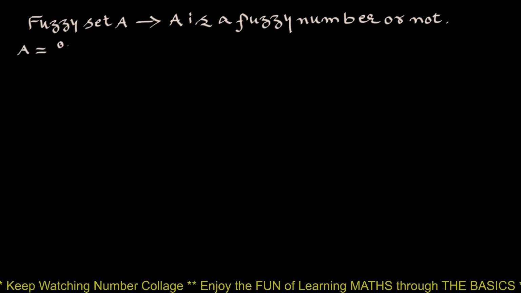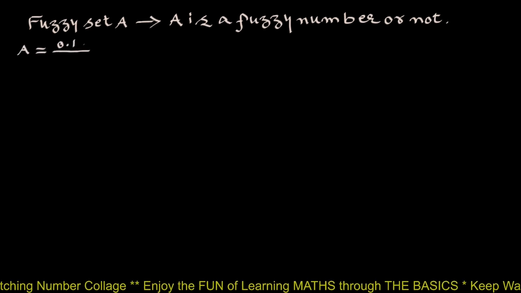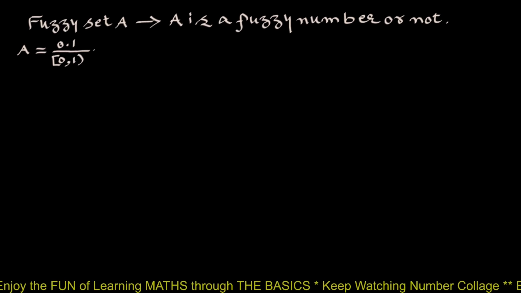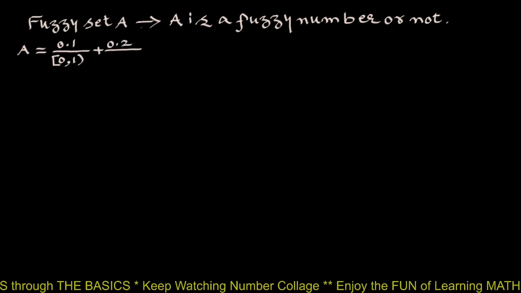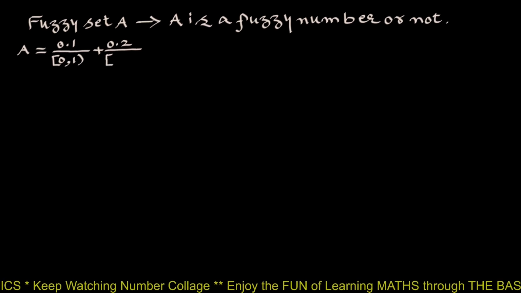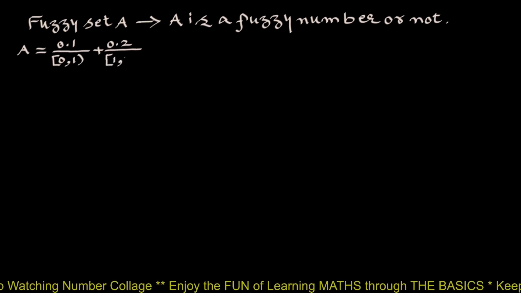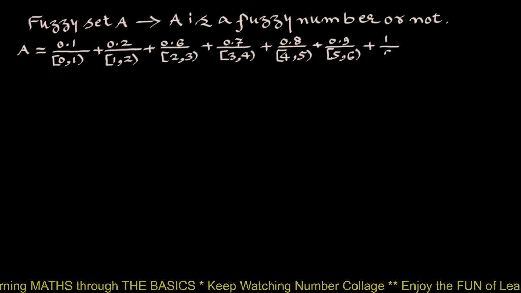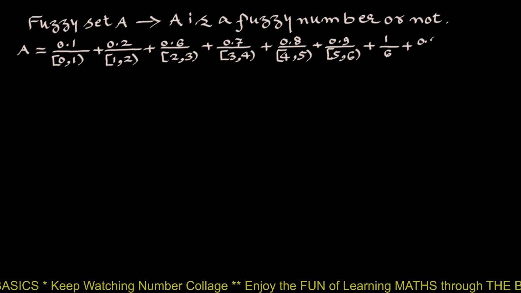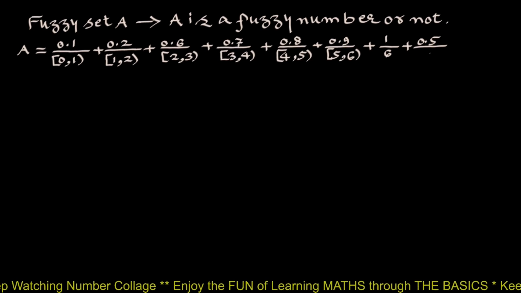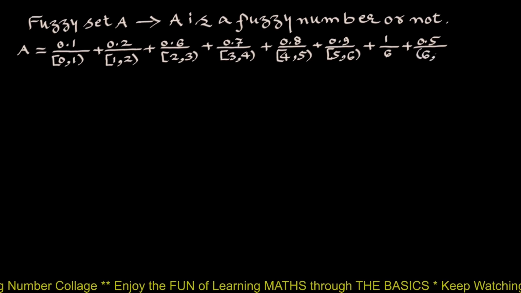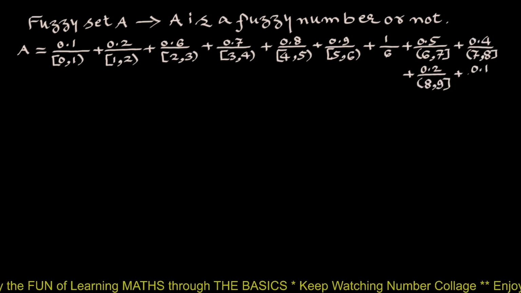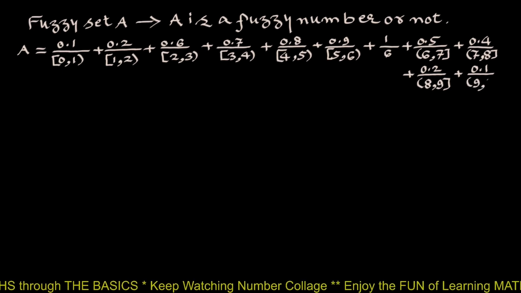A is grade of membership 0.1 upon its domain interval closed 0 open 1, plus grade of membership 0.2 upon its domain interval closed 1 open 2, plus etc., plus grade of membership 1 for x equals 6, plus grade of membership 0.5 upon its domain interval open 6 closed 7, etc., plus grade of membership 0.1 upon its interval open 9 closed 10.